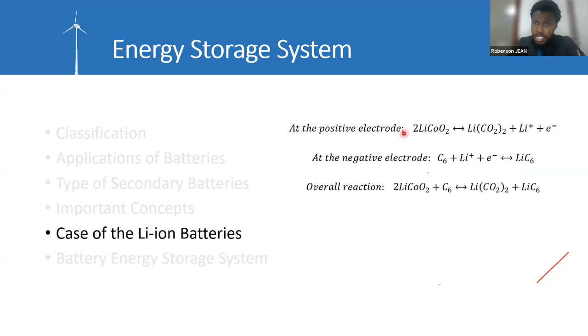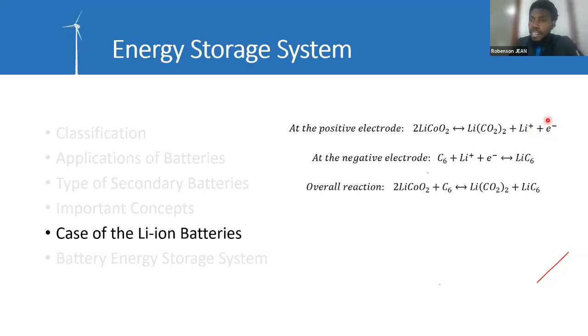At the positive electrode, we have lithium cobalt oxide, and after the reaction we have this part and a lithium ion, and also the release of an electron.